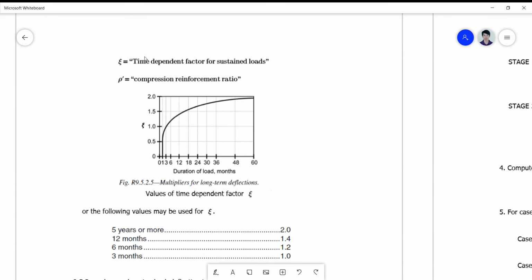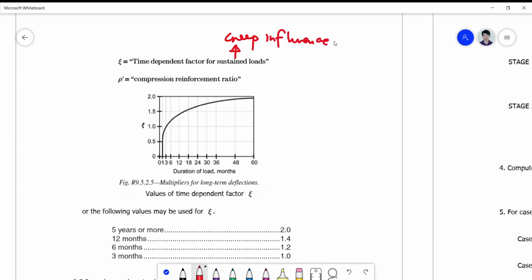Okay, so the xi factor is the time-dependent factor for sustained loads, which can show you that this is almost purely a consideration of your creep influence, or your creep factor. And of course, rho prime is the compression reinforcement which affects your creep deflection, such that your formula there is actually a function of your compression reinforcement ratio.